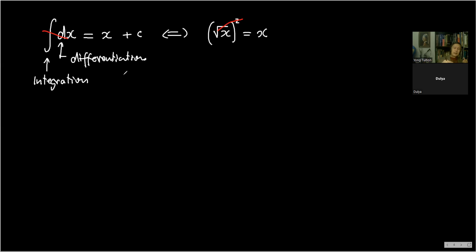So if you have a function, you're asked to do differentiation, but then you do integration, and these two operations will cancel. Probably, if you haven't studied that, at this stage I only show you this simple relation. So this is one way to solve this puzzle.